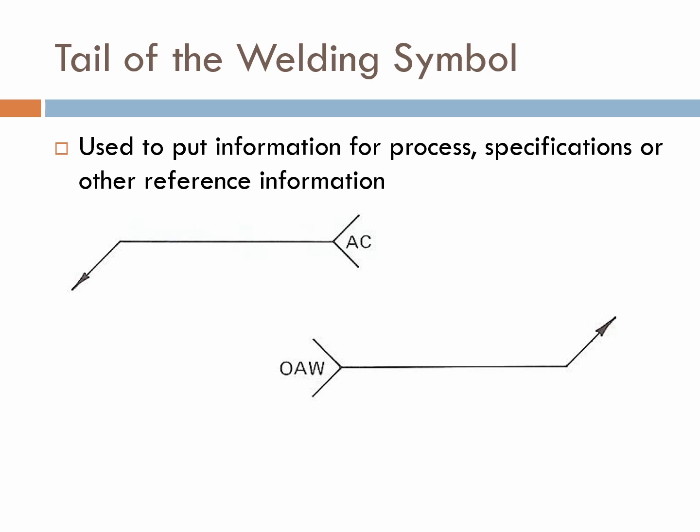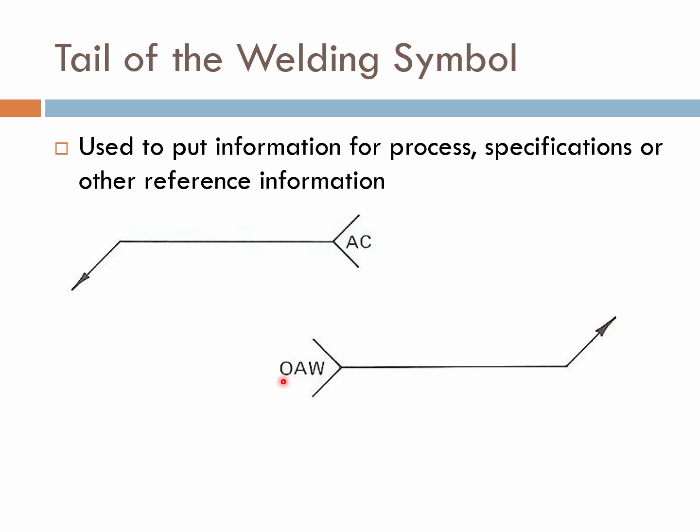Now, the next thing you're going to do with your reference line is you can have a tail. You have an arrow, you have a reference line. A lot of times you're going to have a tail. It looks like this. The information in this tail will be specific things for this weld, like AC, OAC. This is arc cutting.